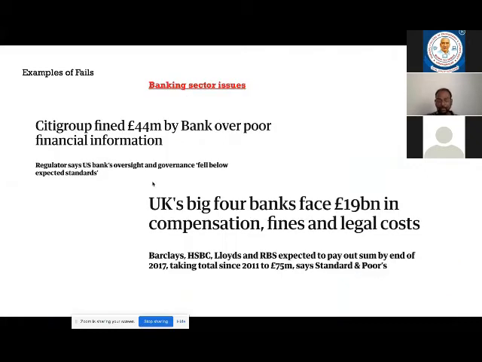Now we come to a different level of areas. So we saw about defense, we saw about the aeronautical space. We are going to see something about the banking sector.